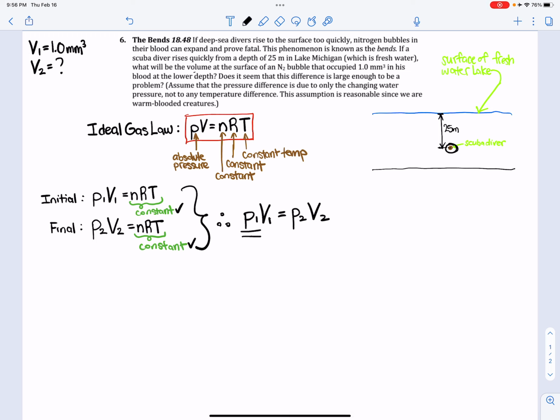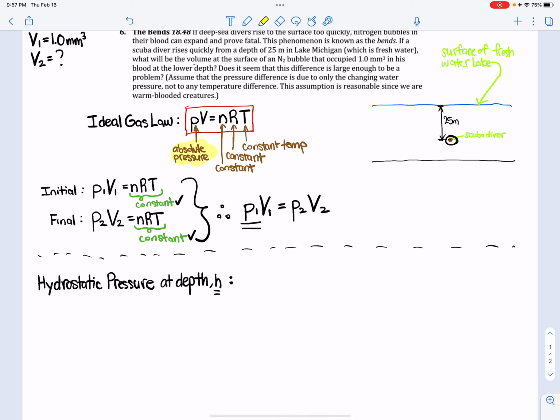So the formula for that is absolute pressure, right? Because that's what we need here. In order to use the ideal gas law, we need absolute pressure. So absolute pressure, or true pressure, is equal to the pressure at the surface plus the pressure due to the fluid at this depth right here of 25 meters. So that is rho gH, okay?